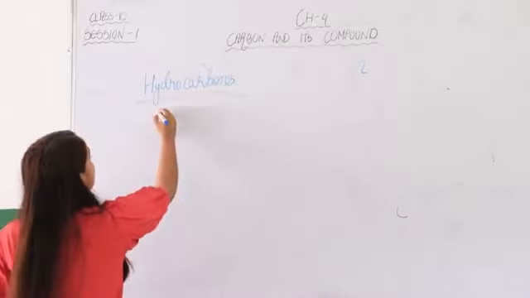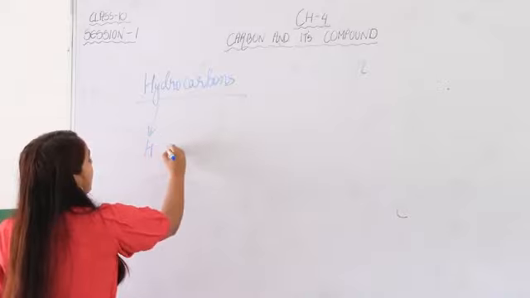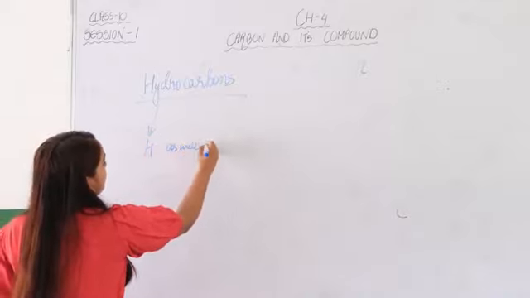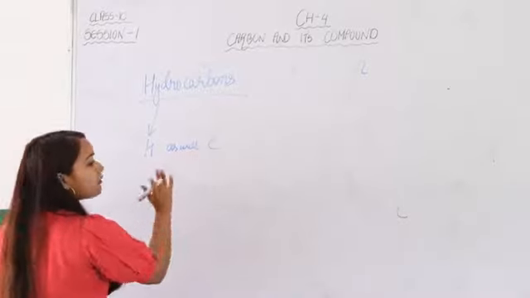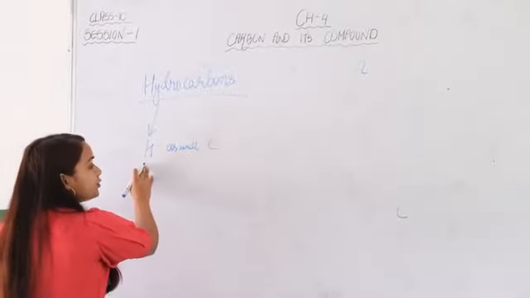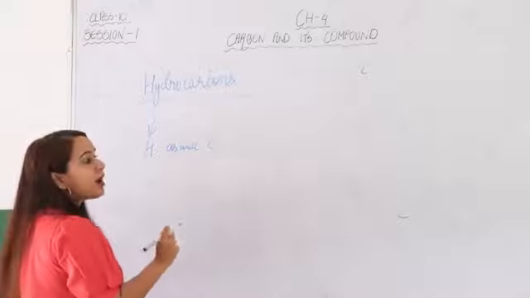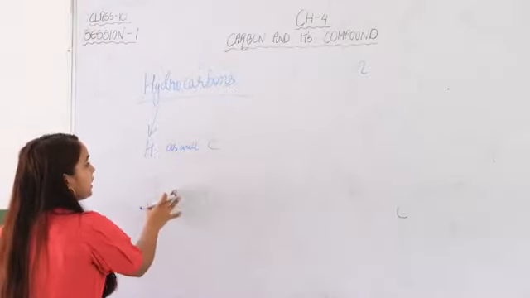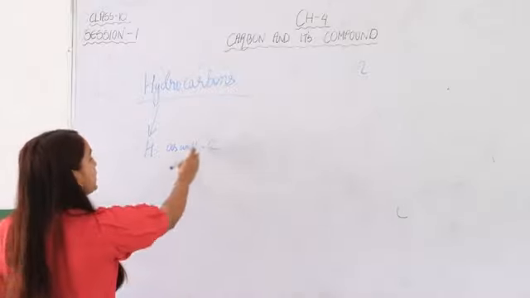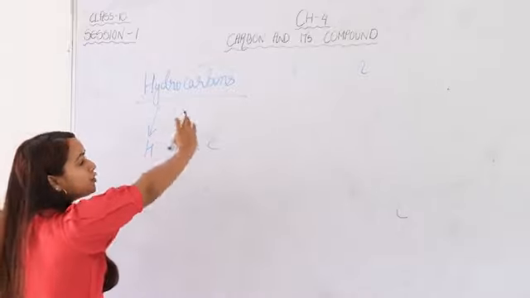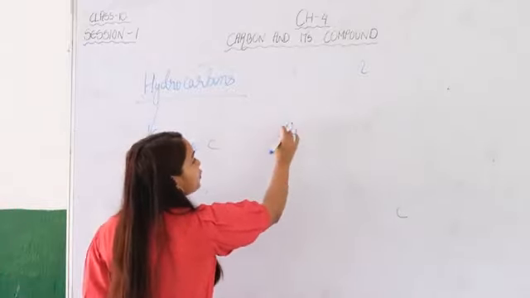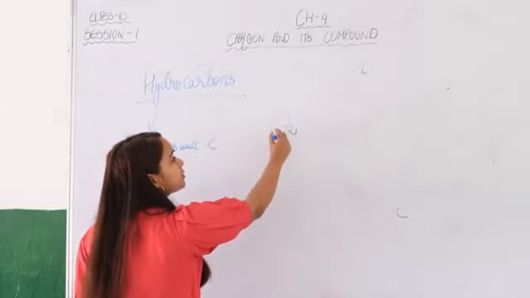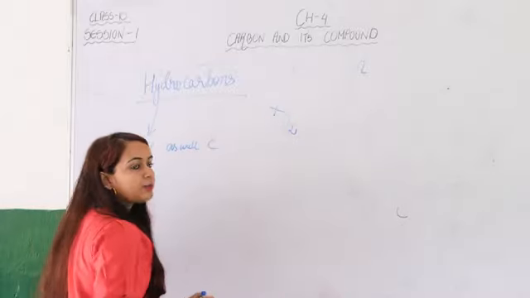Hydrocarbons are those which are made up of hydrogen as well as carbon. They will always have carbon and hydrogen, and also they may have some other atoms or elements present in it. But the presence of carbon and hydrogen is a must for a hydrocarbon. Now if we see carbon dioxide, CO2, we don't see the presence of hydrogen here. So this is not a hydrocarbon.